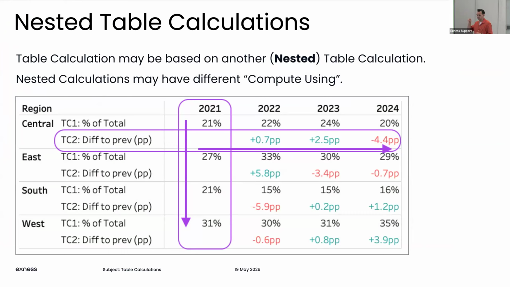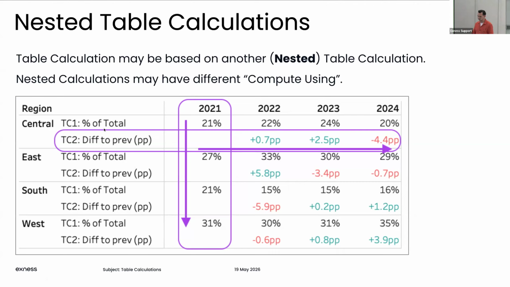And for these nested calculations, we may use different compute using. For example, we may first calculate % of total for each year, meaning table down across regions. And then we may calculate % difference above these percents going table across.